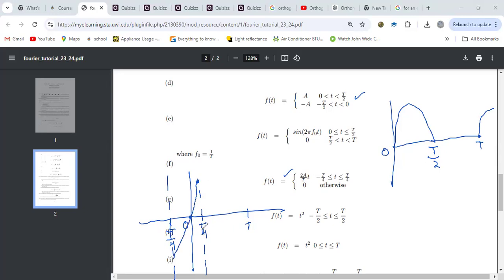And then from T on 4 straight up to T, it has nothing because it never specifies what's going on in the rest of the period. Yeah. And then from here, the pattern is going to repeat itself. So it didn't start from T, it started from a quarter. So it'll be 5T on 4, and so it's starting here.